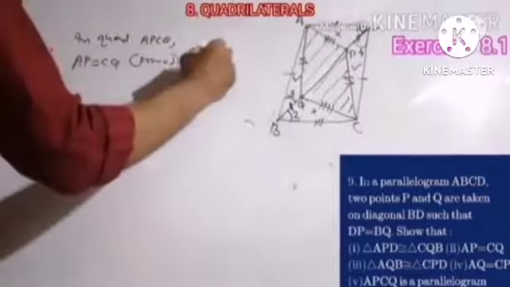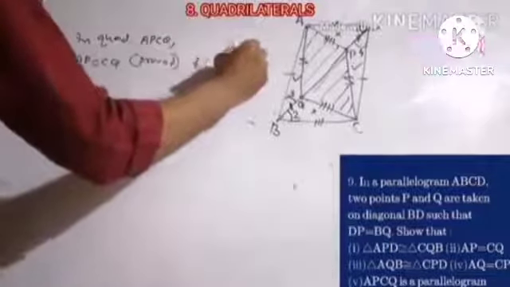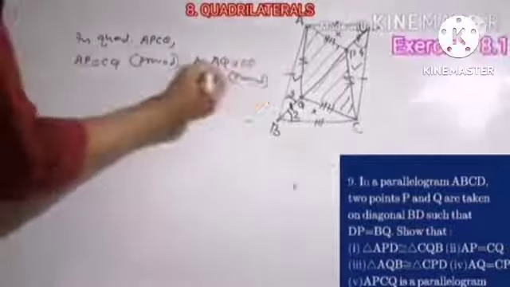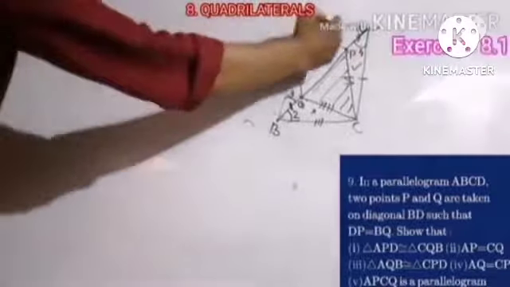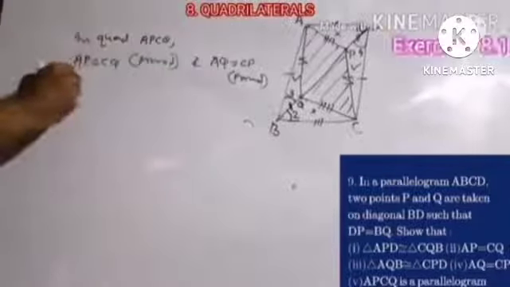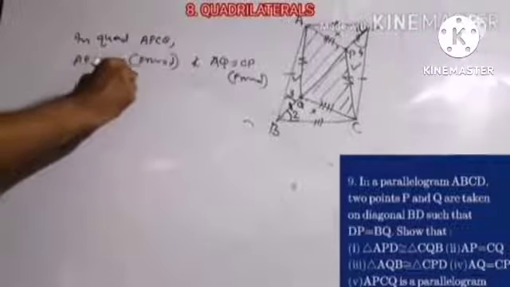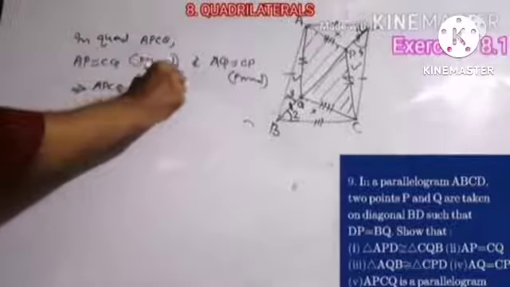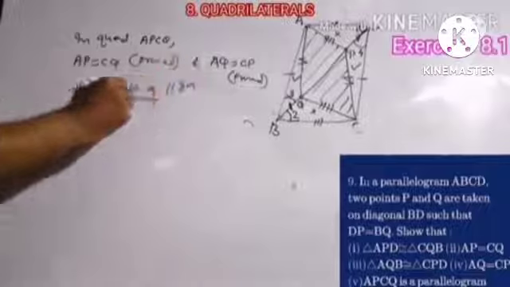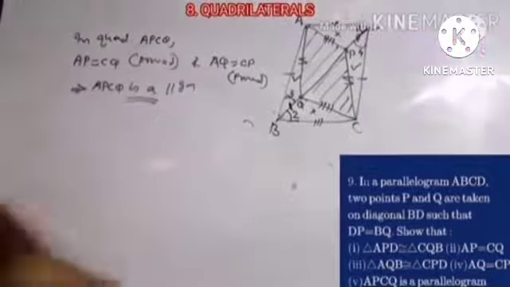Now we have opposite sides equal. When opposite sides are equal, it implies the figure is a parallelogram. So APCQ is a parallelogram. Okay, so answer for completed.